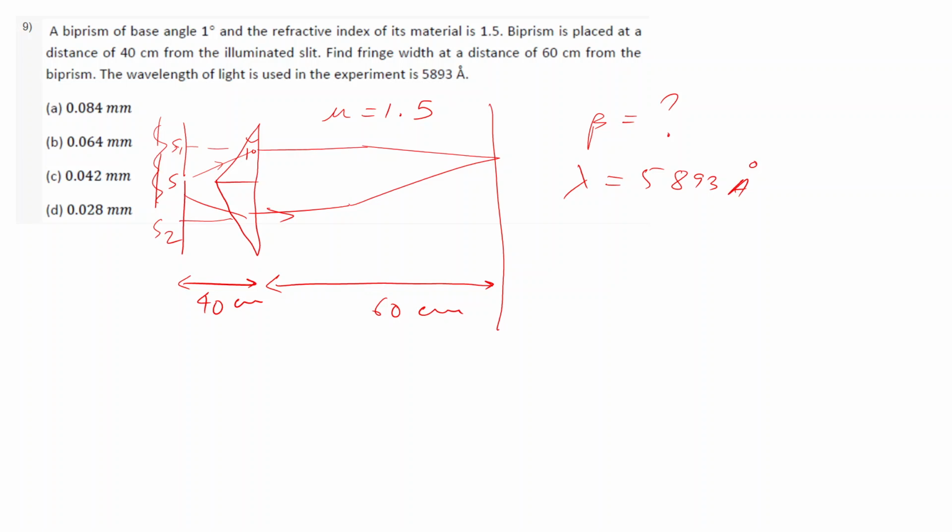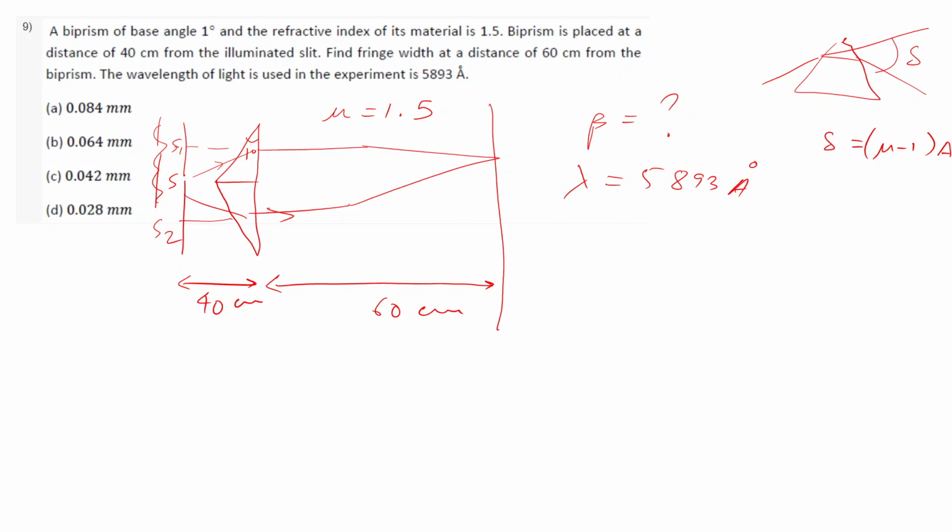If you recall, for a prism, we were talking about the angle of deviation. I told you in this session that if we have light like this, it will be deviated from its original path, and in terms of refractive index and angle of prism, the angle of deviation is given by mu minus 1 times the angle of prism.